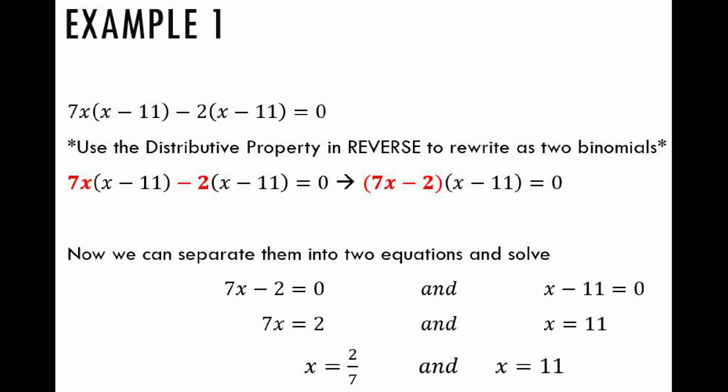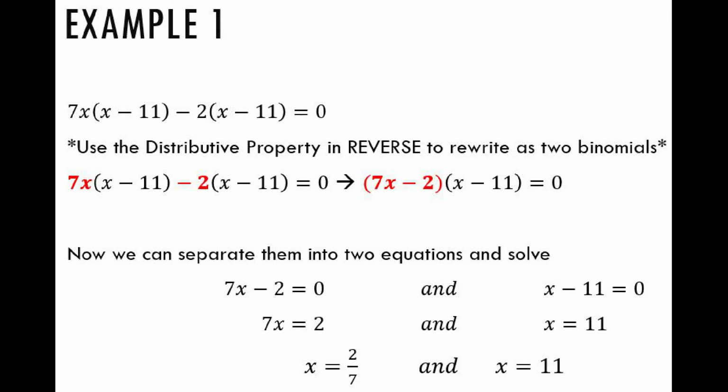So when I rewrite them, I have 7x minus 2 times x minus 11. And I'm going to set that equal to 0 just like I did last time. So now my new equation is 7x minus 2 times x minus 11, and that's all going to equal 0.